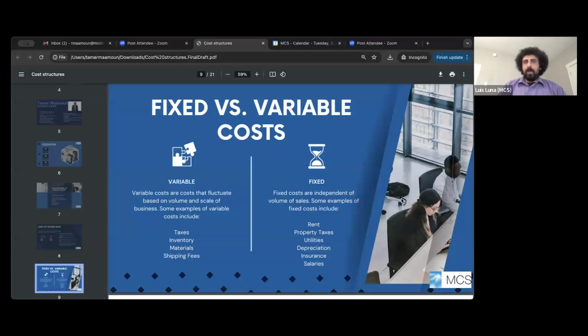Those will be fixed costs. And your variable costs are dependent on your sales volume. So the more you sell, the more you're going to incur these types of costs. So inventory, materials, shipping fees, income taxes. Those are typical examples of things that will fluctuate based on how much you sell.